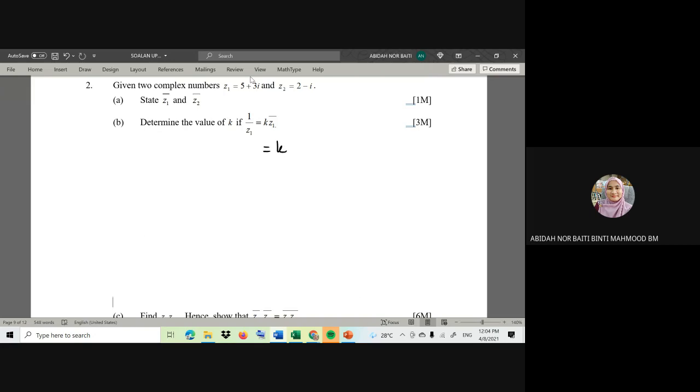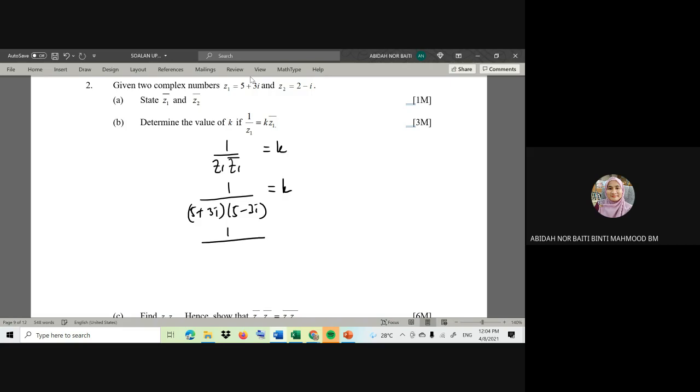Okay. And then dia jadi macam ni, 1 over Z1 Z1 bar. Okay, therefore substitute lah. Z1 is 5 plus 3i and your Z1 bar is 5 minus 3i. This is your K. Terus jadikan K itu subject ya.